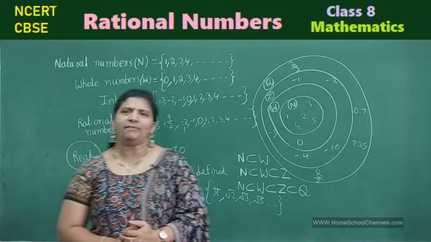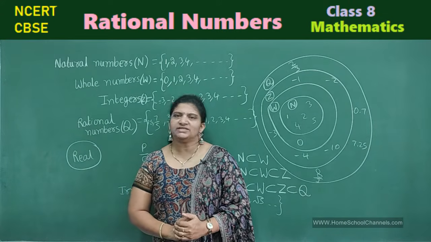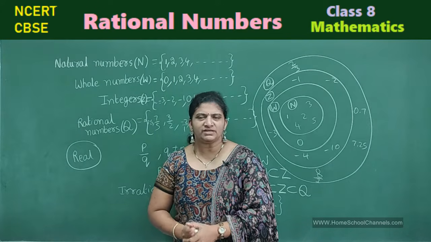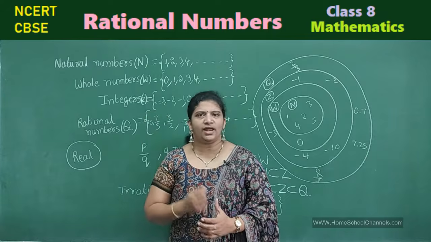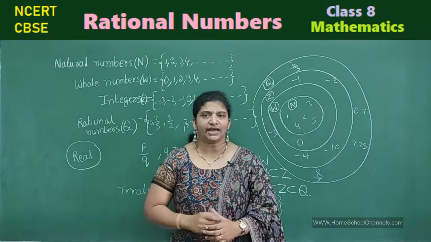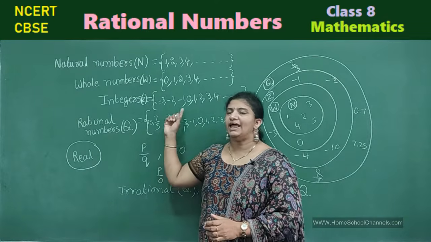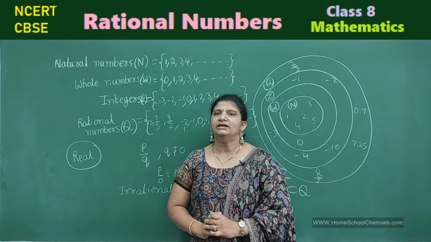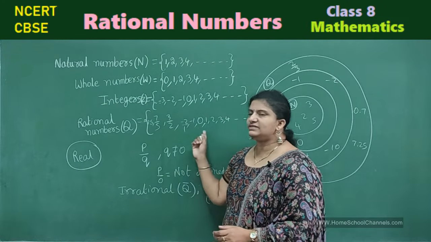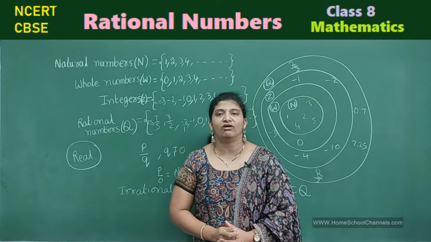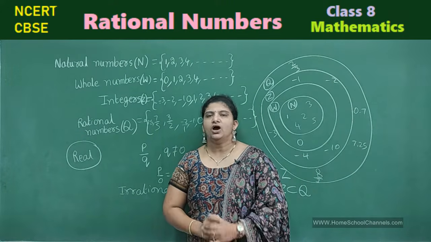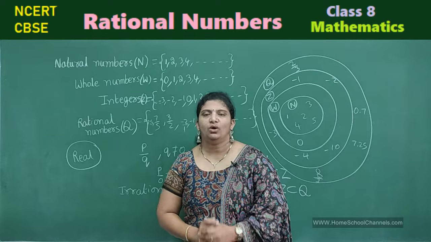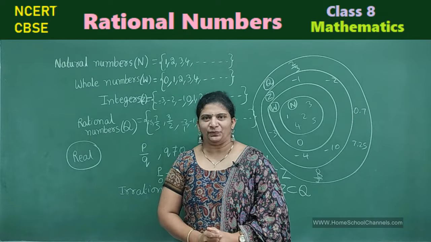Let's have a quick recap. Natural numbers, all the counting numbers, are called natural numbers, denoted by the capital letter N. Natural numbers along with 0 are called whole numbers, represented by the capital letter W. Whole numbers along with the negative numbers are called integers, denoted by the capital letter Z. Integers along with fractions and decimals, we call them rational numbers, the numbers which can be expressed in the form of P by Q, where Q cannot be equal to 0.